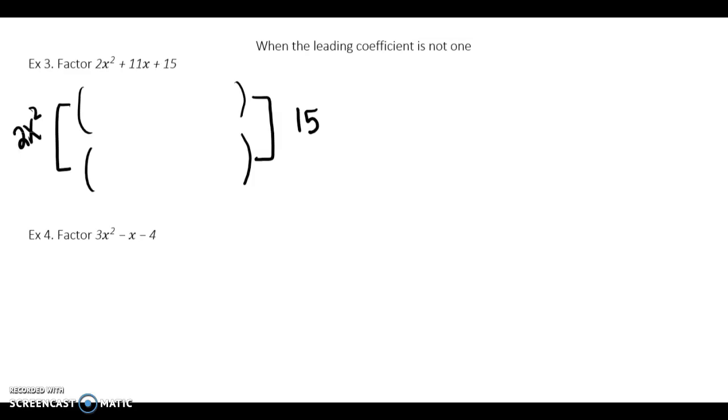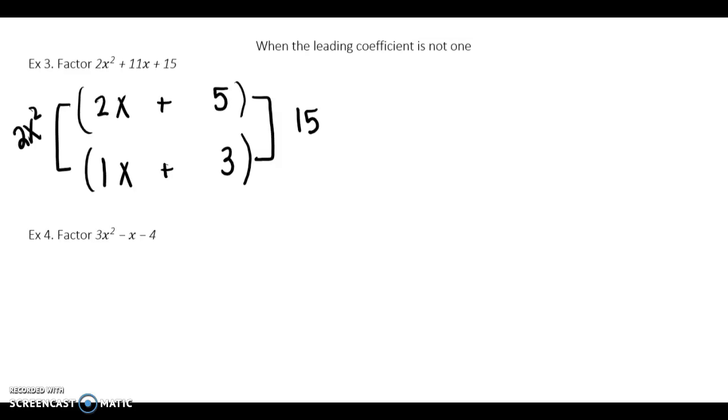You could think of two numbers that multiply out to 15. That's either 15 and 1 or 5 and 3. I'm going to start off with 5 here and 3 here. And then two numbers that multiply out to 2x squared: I need 1x here and 1x there, and then you could do 2 up here and 1 up here.